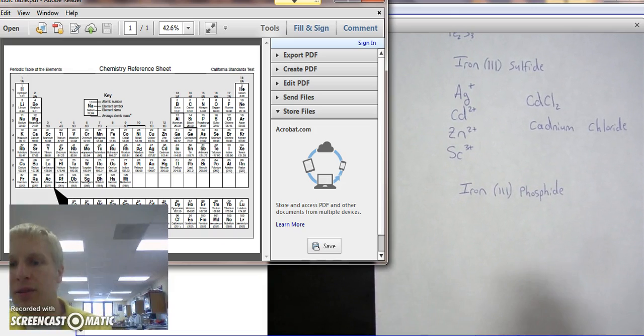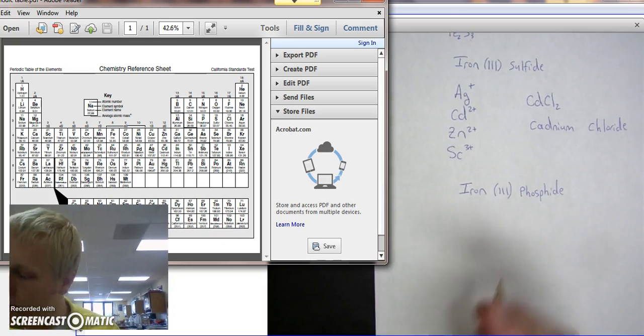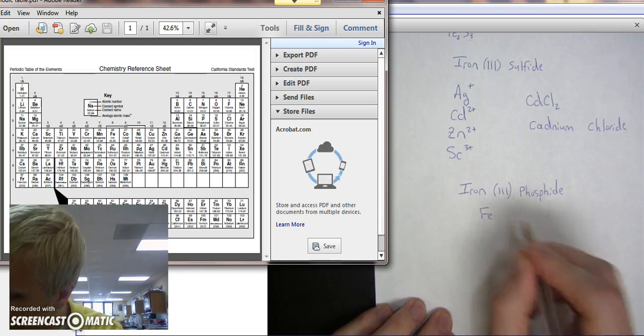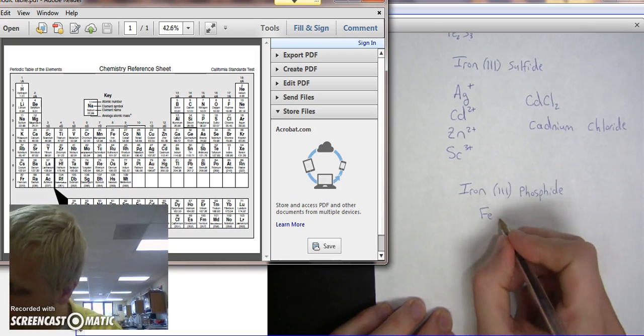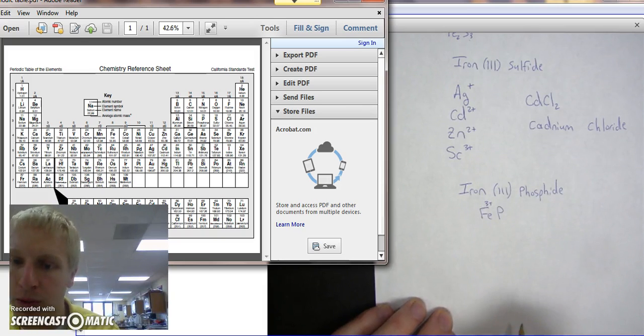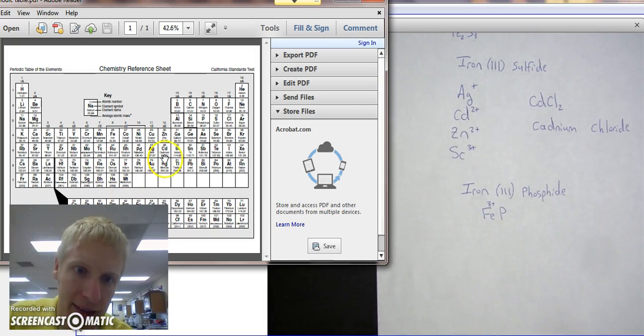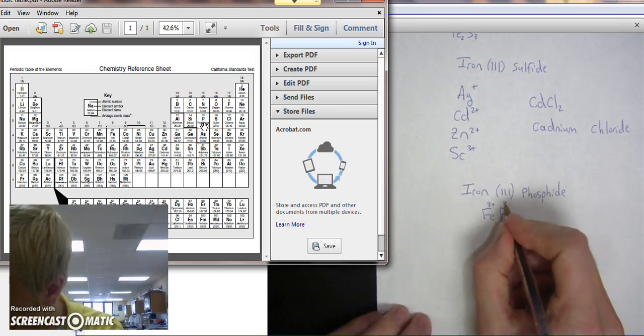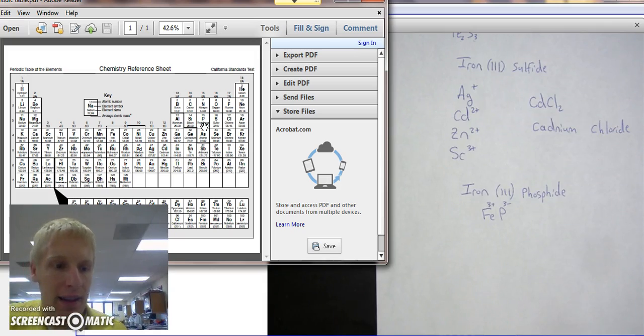So we have iron 3 phosphide. We want to write the molecular formula. So iron is Fe, phosphide represents P, and iron is a 3+ because of the Roman numeral 3, and phosphorus is right here. Nitrogen and phosphorus have a 3- charge, and it would be balanced in that case, and we'd leave it as FeP.